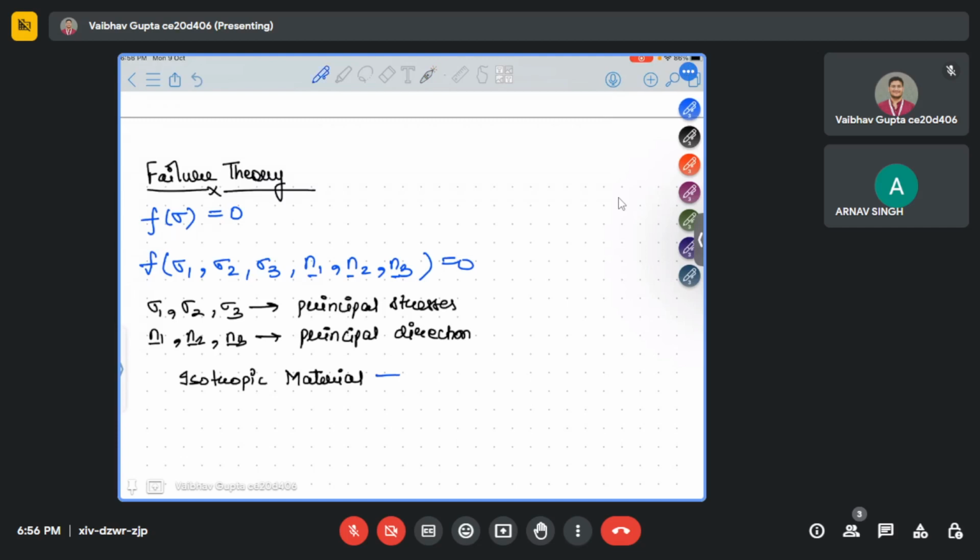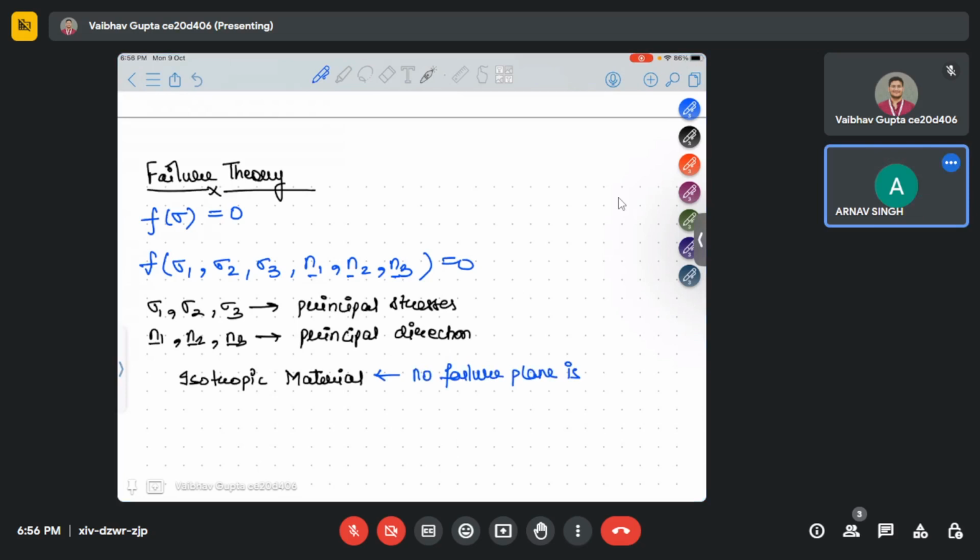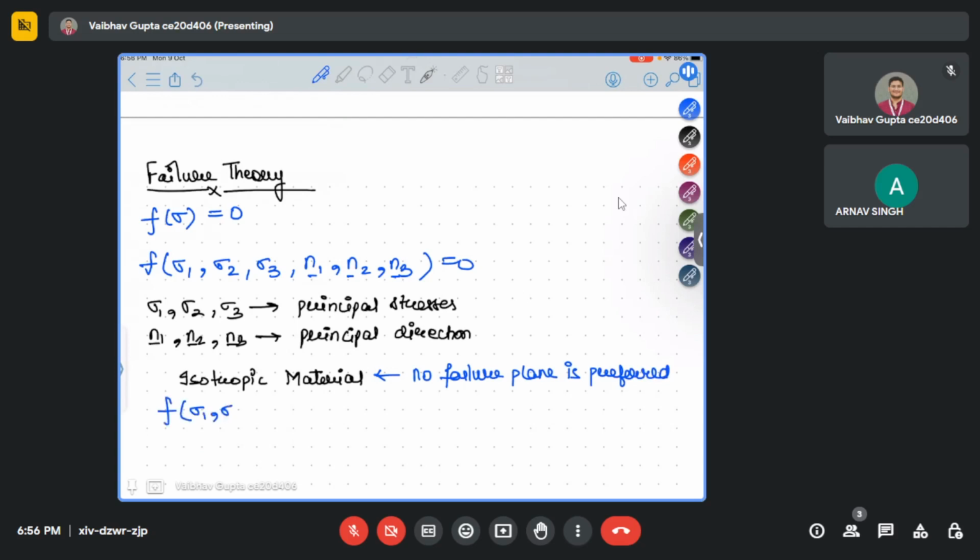No failure plane is preferred. So which means that the failure theory will now only be a function of principal stresses, and these principal stresses are based on principal invariants.